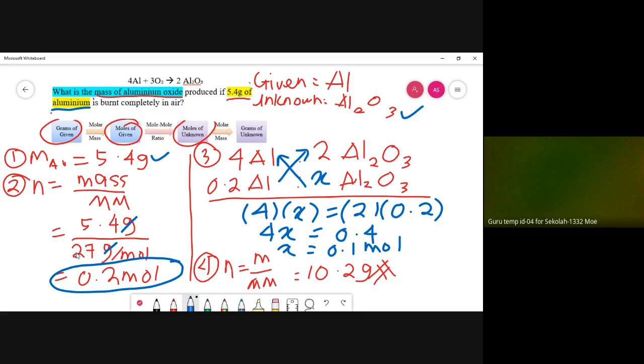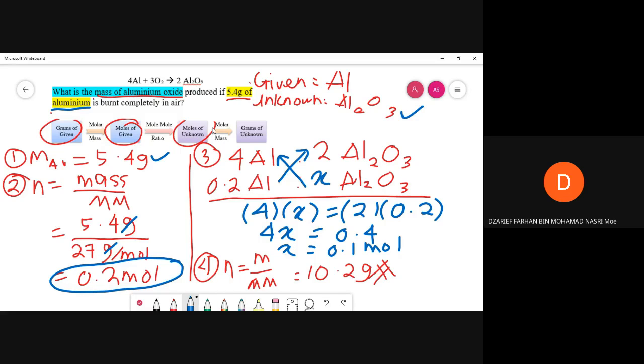Mana dapat 27 ni? Daripada periodic table. Yang atomic weight tu. So, you tekan calculator, you akan dapat 0.2 mole of aluminium. Okay, Zarif?